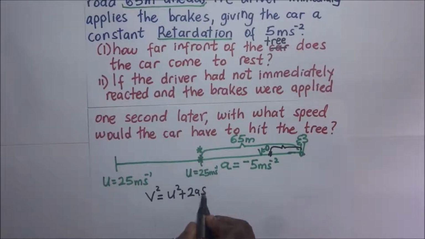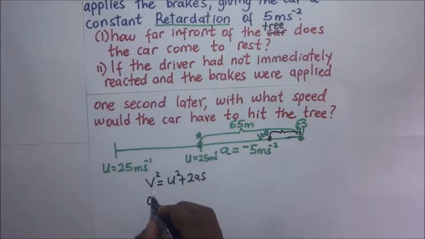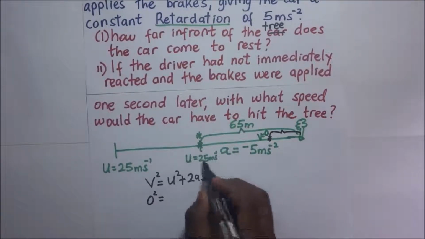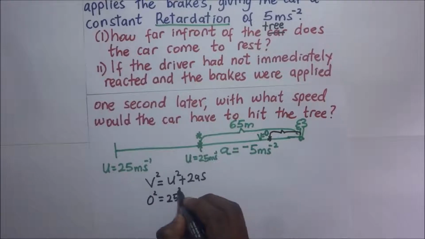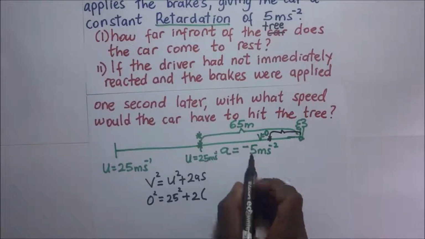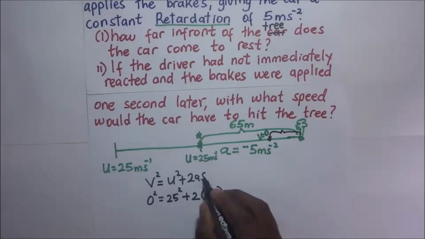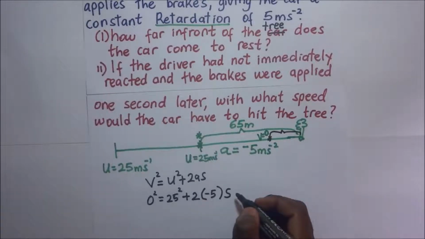We are interested in getting the value of s. So v squared, the final velocity 0 squared, is equal to u squared, which is 25 squared, plus 2 times the acceleration, which is -5 because it's retarding, times s. s is what we are looking for.